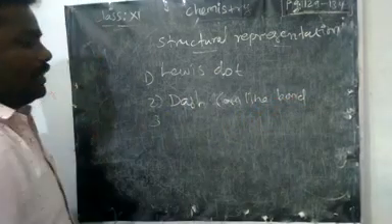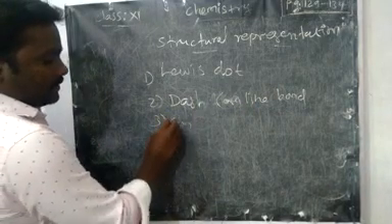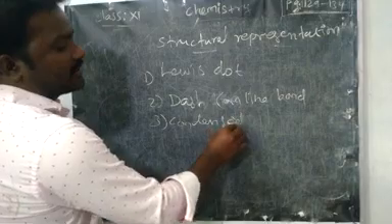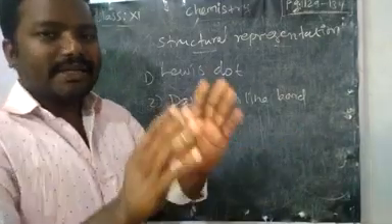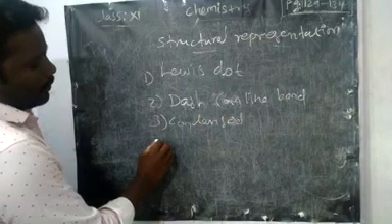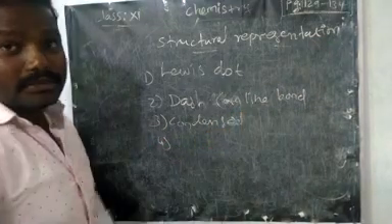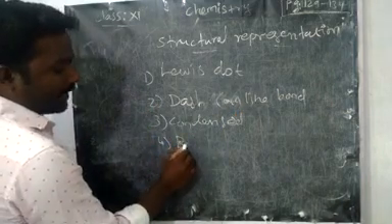The third one, very simple, condensed structure. What do we mean by condensed structure? Without writing all the bonds, we will write a small compound. Then the last one, just the reverse: see, line bond structure is different from bond line structure.